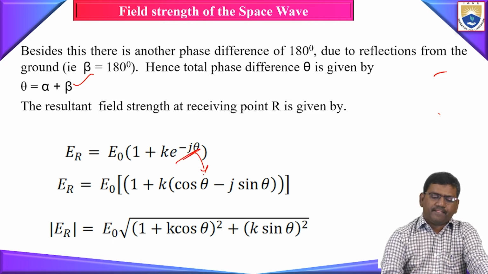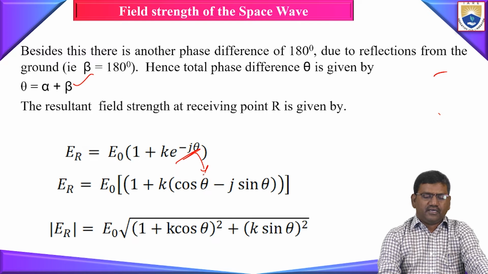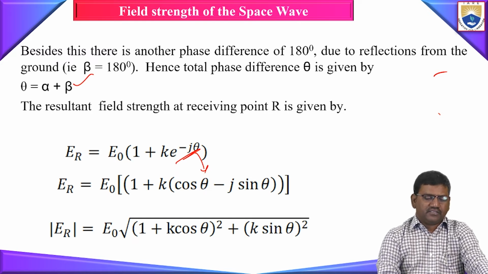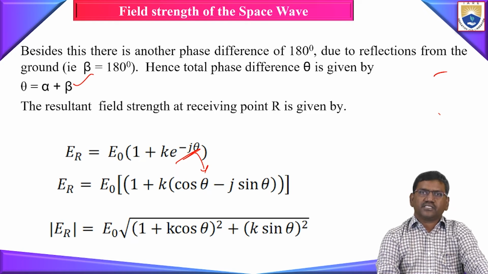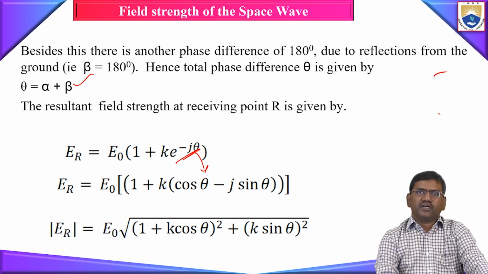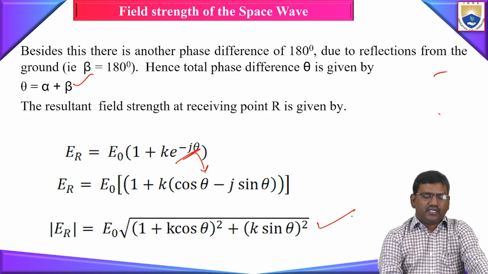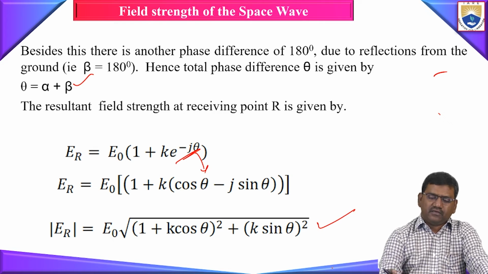Let us find the magnitude. To find the magnitude, we take the modulus of the electric field strength at the receiving end, and you will get E naught into the root of (1 plus K cos theta) whole square plus (K sin theta) whole square.